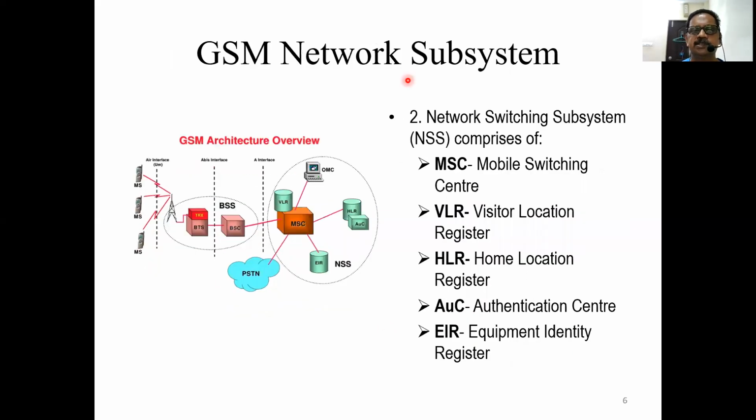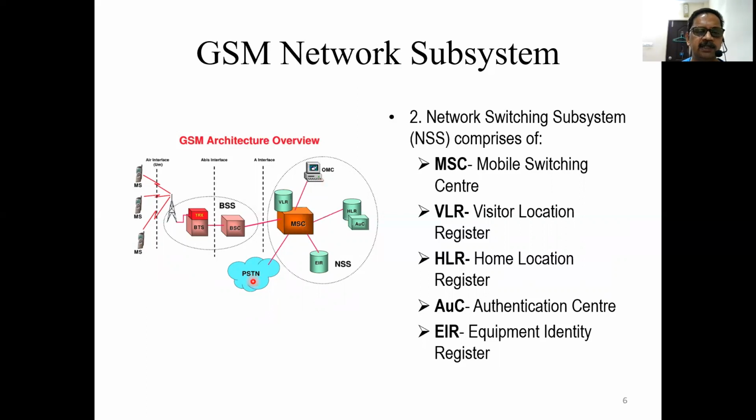Then the network subsystem. In the network subsystem, the main component is the MSC, mobile switching center. It has a home location register, authentication center, equipment identity register, and OMC, operation and maintenance center, which is part of OSS.